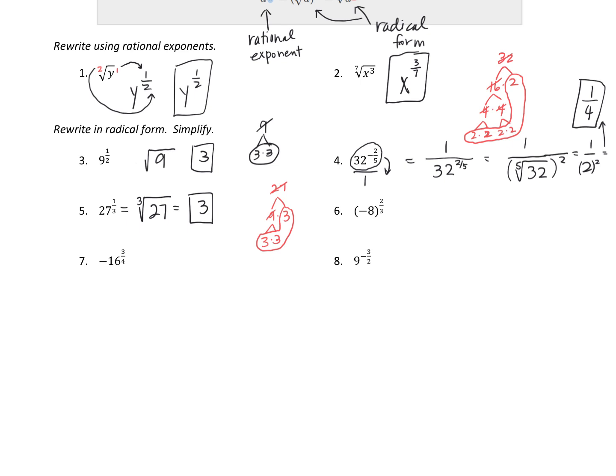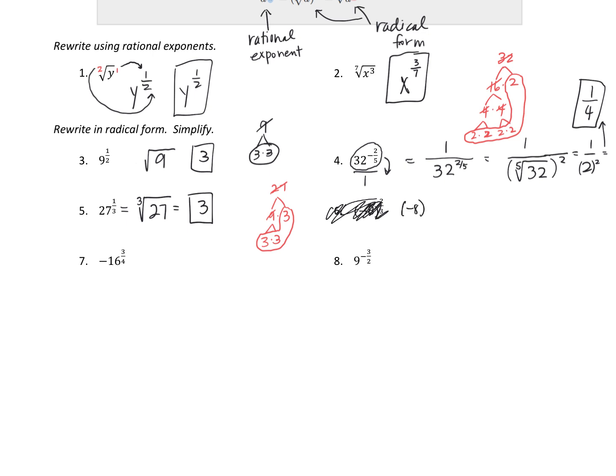We are going to go ahead and cross off number 6. It's overly complicated. We're not going to look at that one. We can look at number 7. So number 7, we have negative 16 to the 3/4. There's not as much involved in this one as the previous one, because the previous one had negative 8 in parentheses.